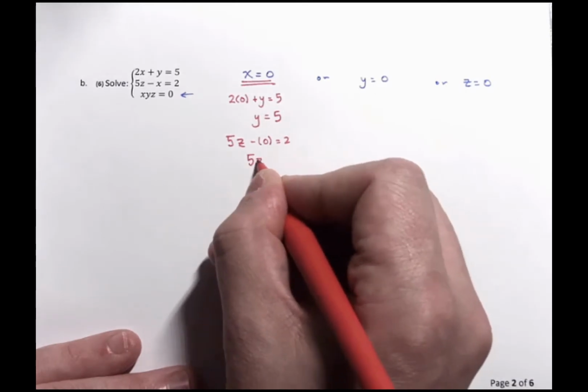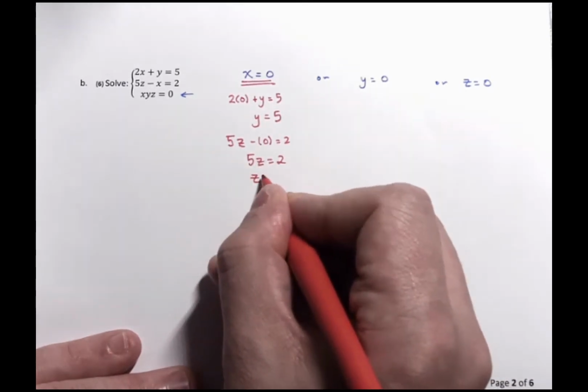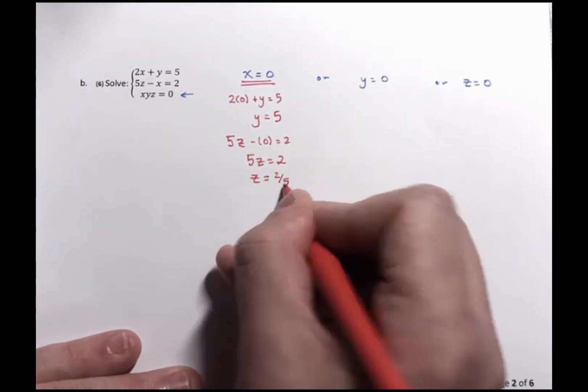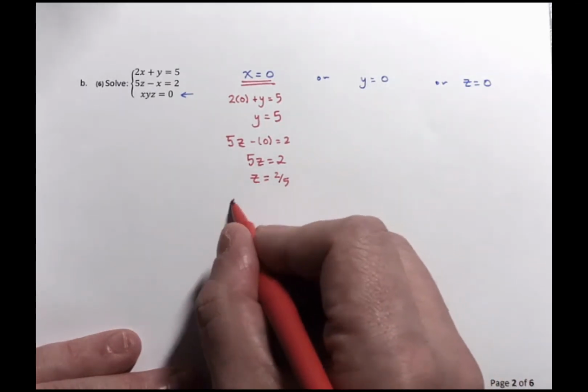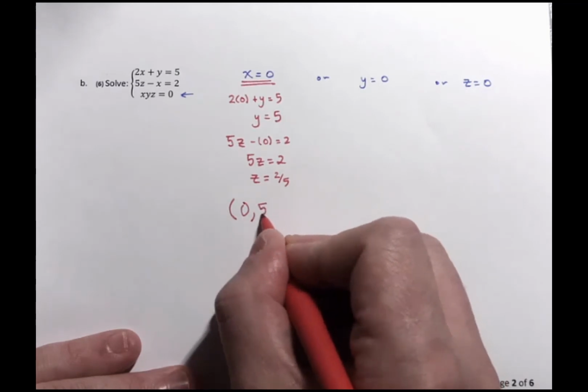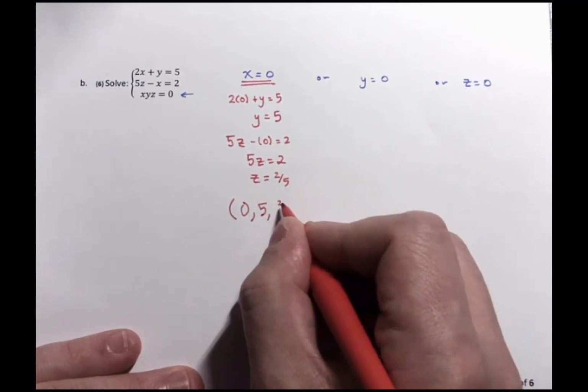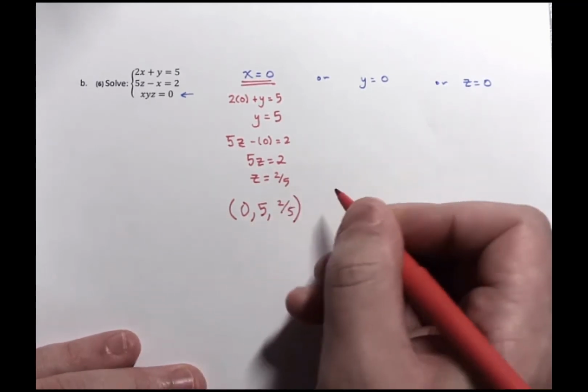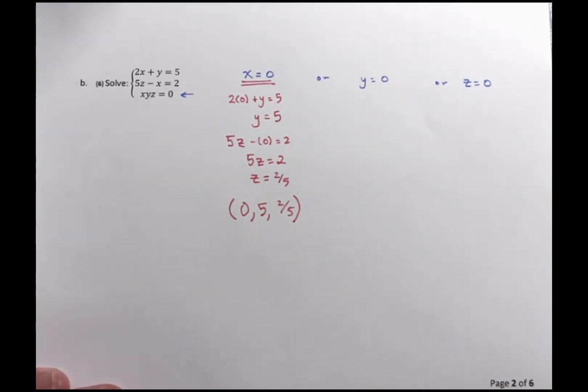In other words, 5z equals 2, and z equals 2/5. So that, of course, would yield the solution of 0 for the x, 5 for the y, 2/5 for the z.